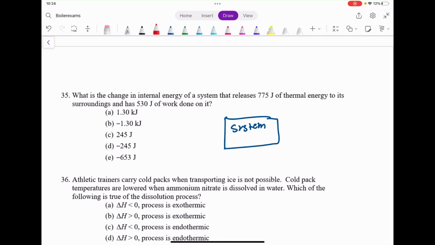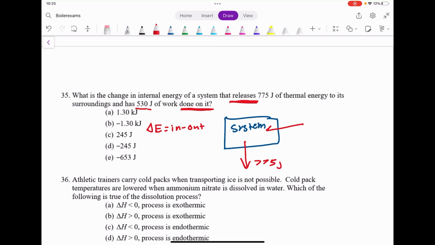So, let's say this. The change in energy of my system is going to be what's coming in minus out. Let's see. It's releasing. This verb means energy's coming out. So 775 joules are coming out. And we have 530 joules of work done on it.